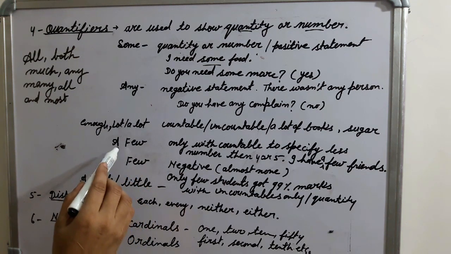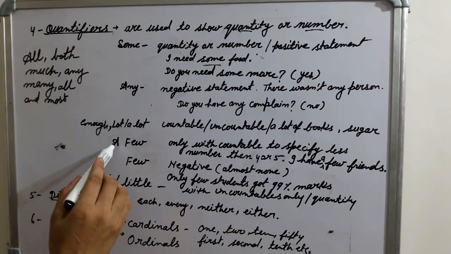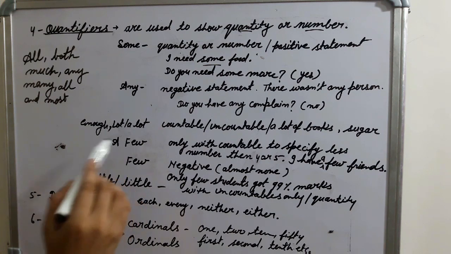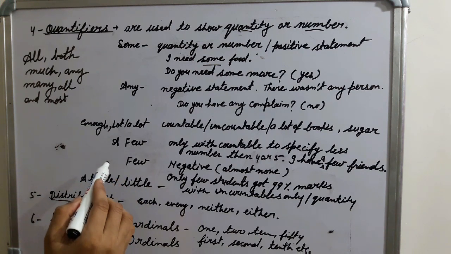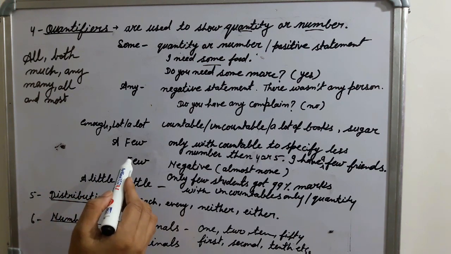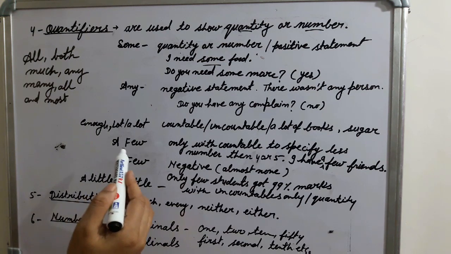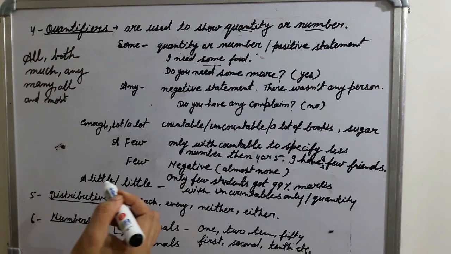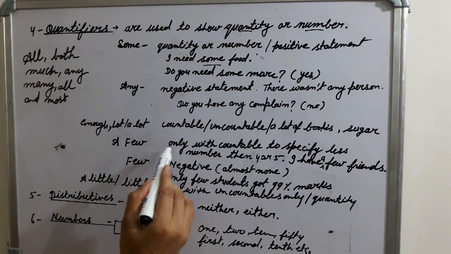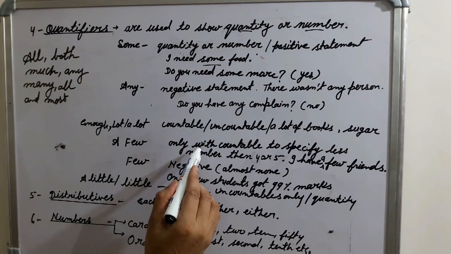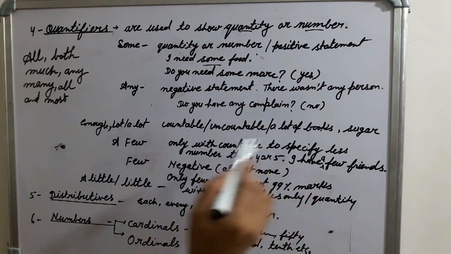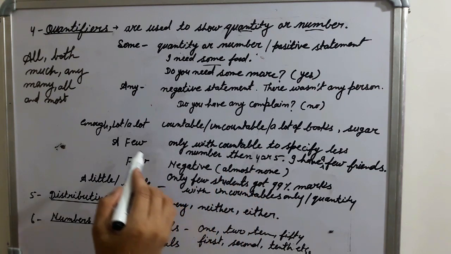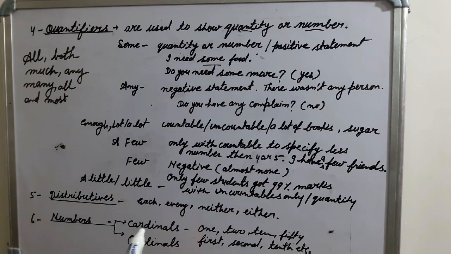Now, we will discuss the use of a few and few. A few is positive but not more positive. It is a bit positive, little positive. Only with countable to specify less number than 4 or 5. We use a few for showing less numbers.